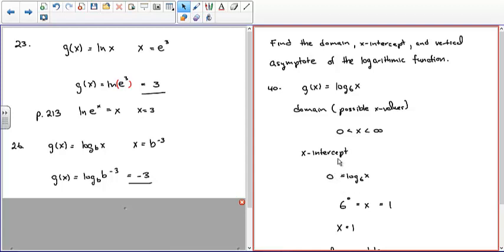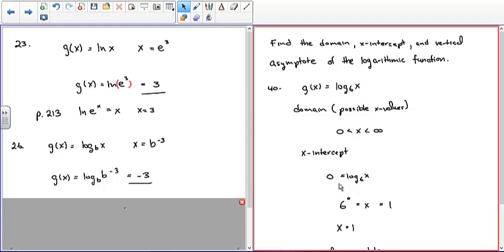The x-intercept is when y equals 0. So you set this equal to 0 and ask, what power do I need to raise 6 to, to get 0? Hmm, that's not what I'm thinking. When the base and x are the same value, no, again.